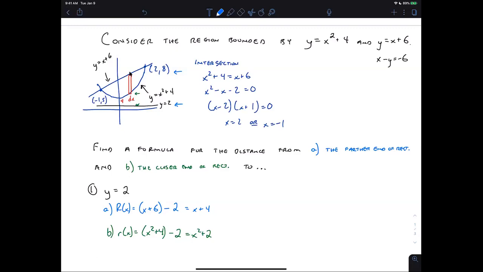The top y of the rectangle. Yeah, this is the one that's farther away from y equals 2. But you want to look at the picture to determine that. Does that make sense? Yes. I get it. Okay. And then the closer end of the rectangle happens to be this one. Is everybody clear on that?